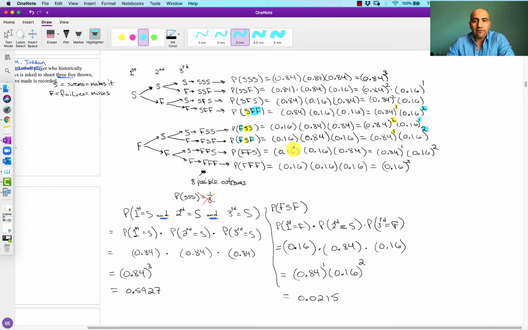Good. So just to finish the pattern out, coming back up to the top, there were 3 successes and no failures. So just to kind of complete this, we can also include 0.16 to the power of 0, since there were no failures, 3 successes. And down here, I'm going to erase it and scoot it over.